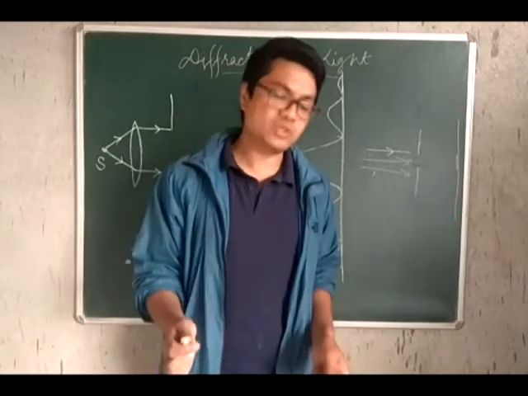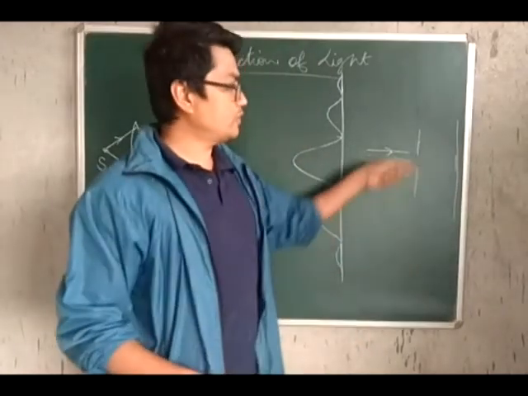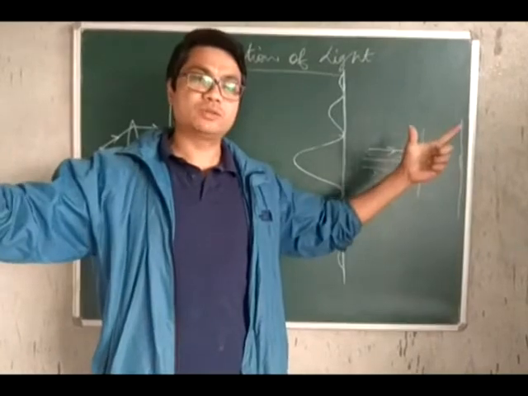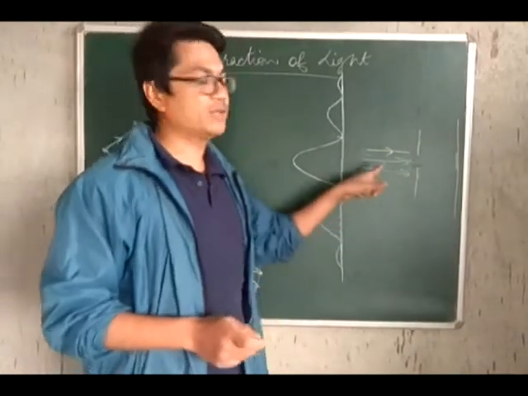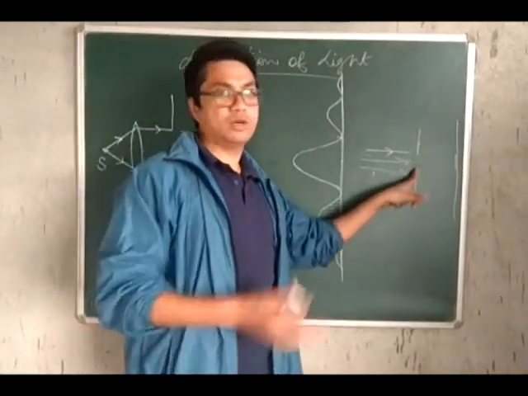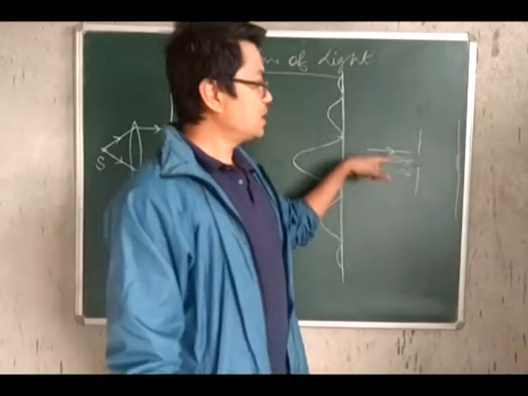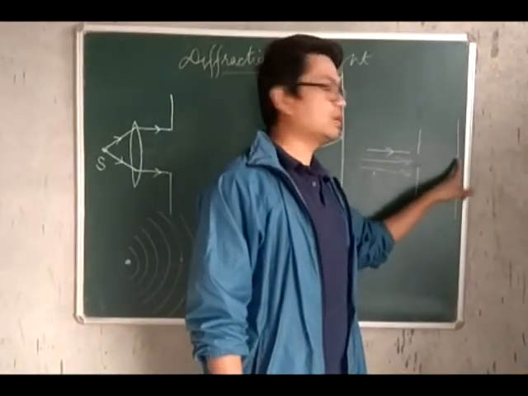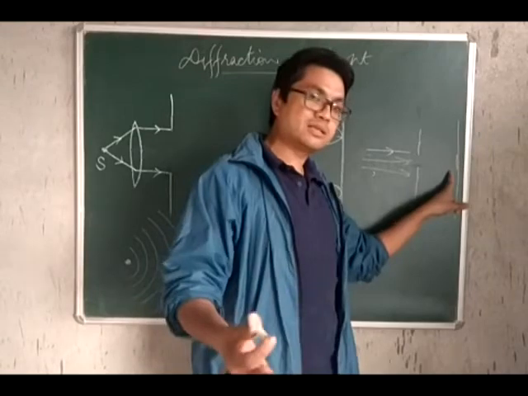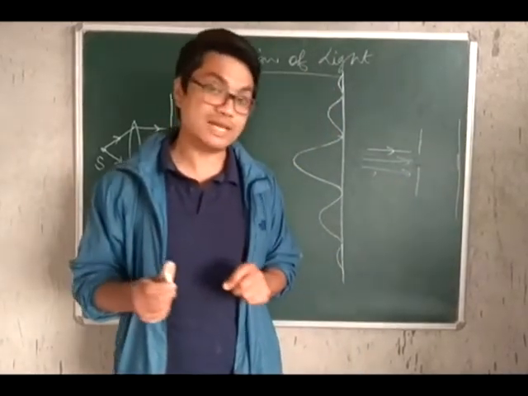And of course, that is true if the slit is large compared to the wavelength of light. If this is a window of your house, obviously only this portion will be brighter, and this tells us about the rectilinear propagation of light.